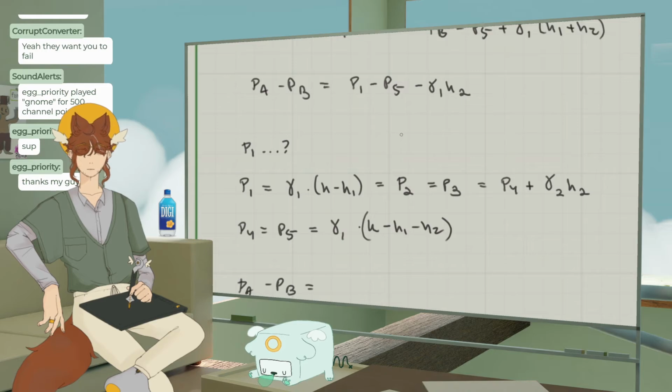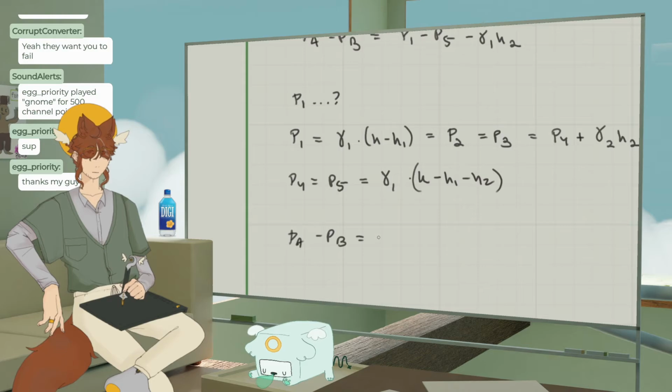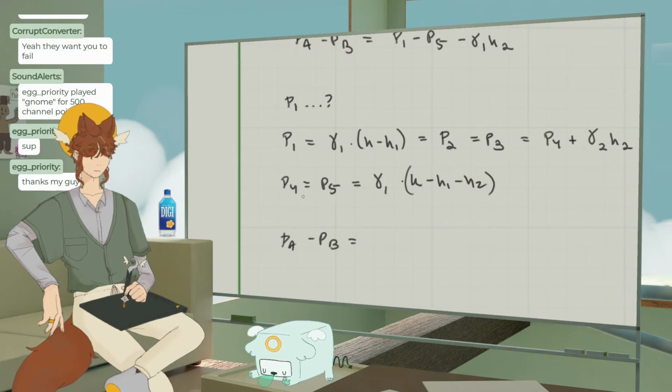Uh-oh, wait, but like, wait a second. Oh no, we're chilling. No, we're not. Wait a second. How do I want to write P1? So I can write P1 like this. But I need this form of P1 in here. But I need to put P4 in there. Wait, but it's gonna get rid of P4.